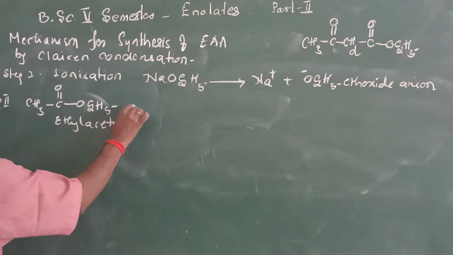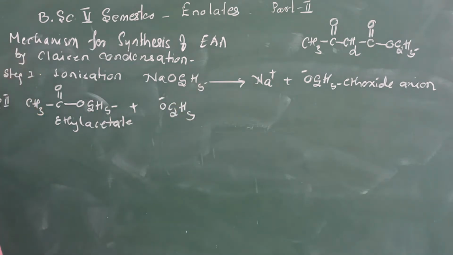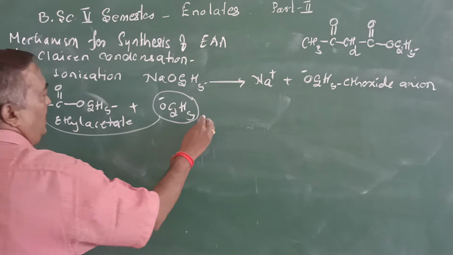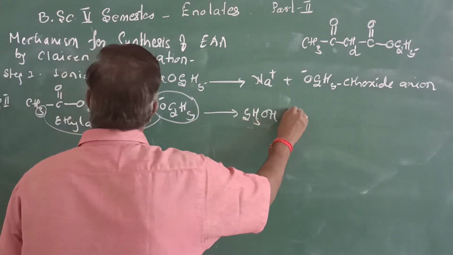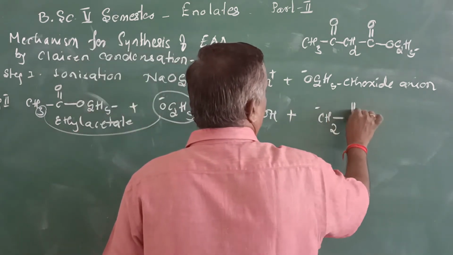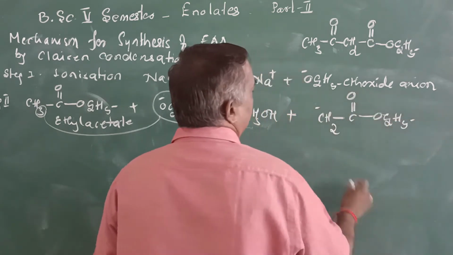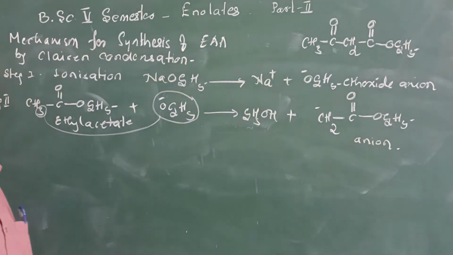It reacts with OC2H5-, whereby one proton of this is removed, and you get C2H5OH, ethanol, plus CH2-COOC2H5. That is the ester enolate anion, not ethyl acetate.